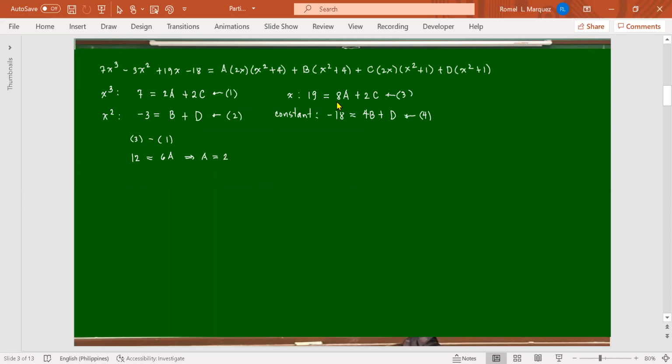So from which we can now solve c from either 1 or 3. So let us have it from 1. From equation number 1, we have 7 is equal to 2 times 2, the value of a is 2, then plus 2c.